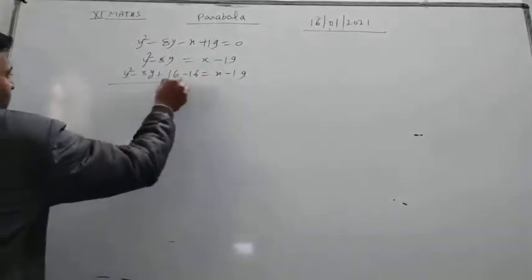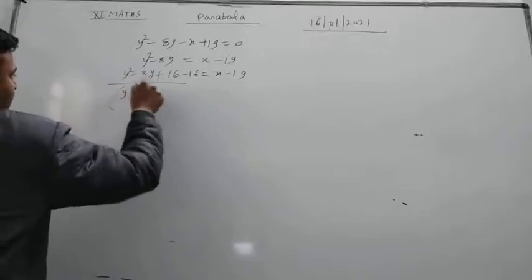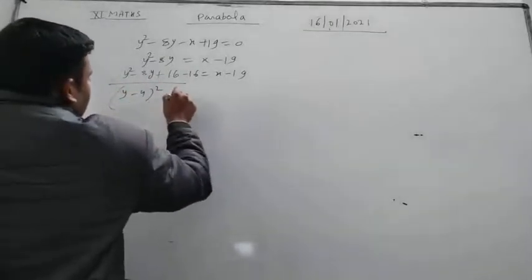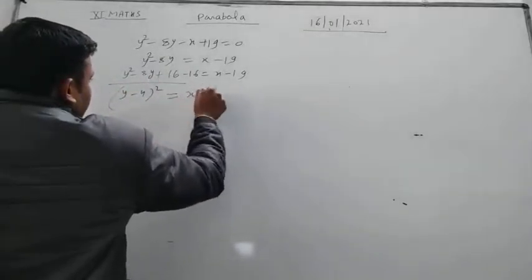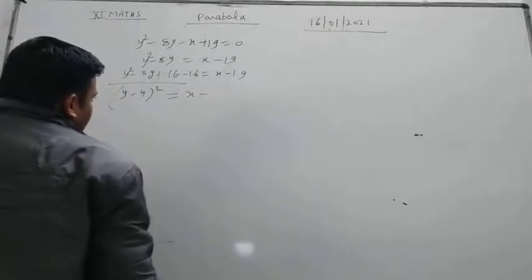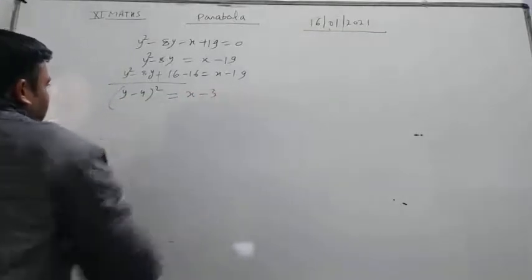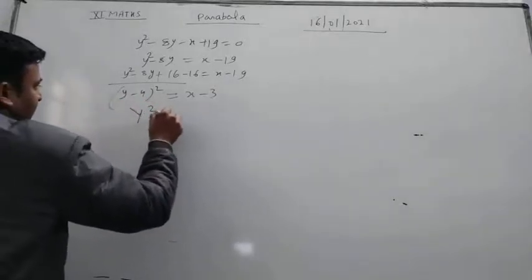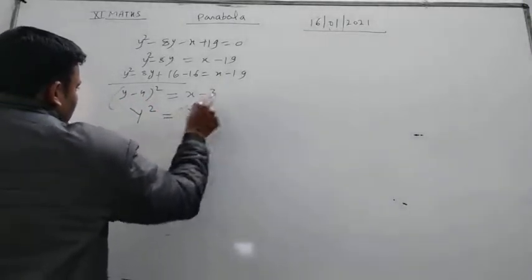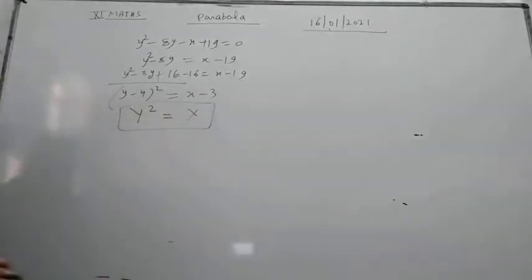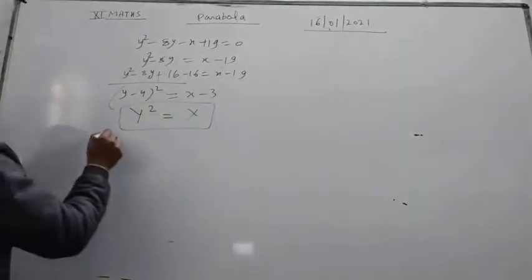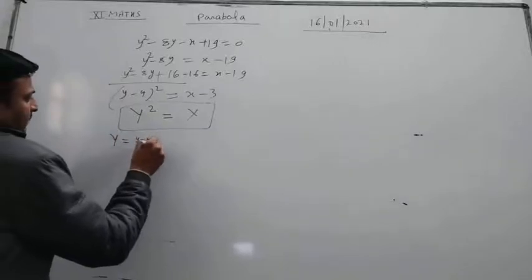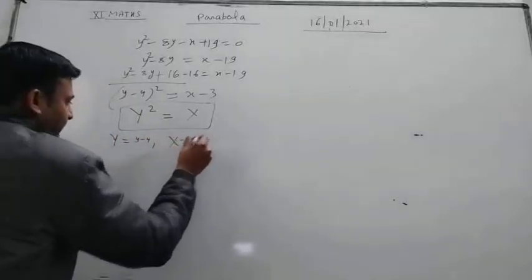Okay, students, so this will be y minus 4 whole square, and this is equal to x minus 19 plus 16, and this is x minus 3. Okay, student, so we can write this is capital Y square is equal to capital X, where capital Y is y minus 4, capital X is x minus 3.